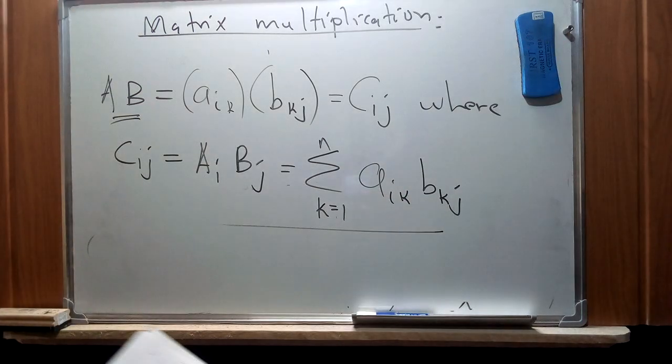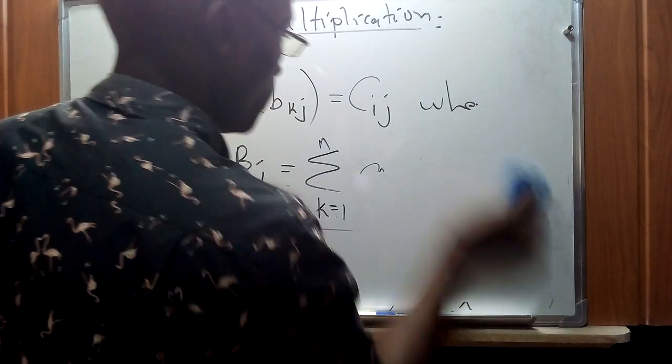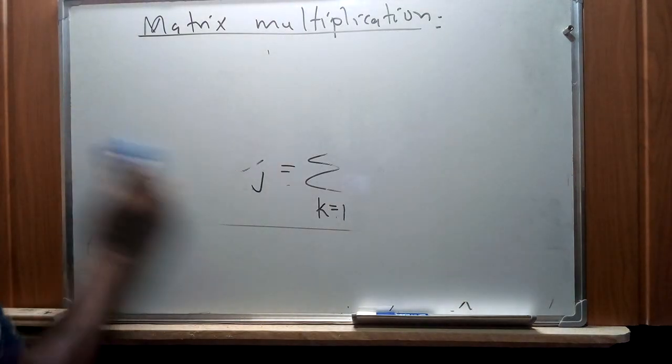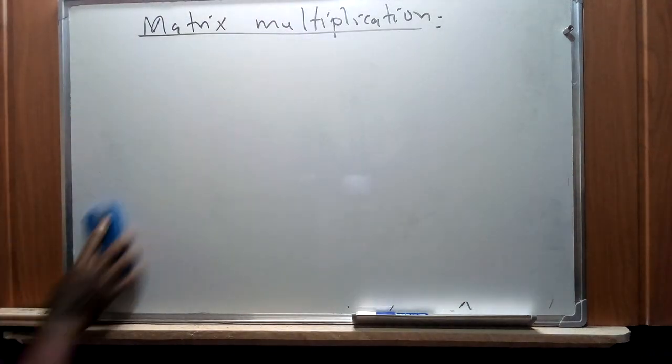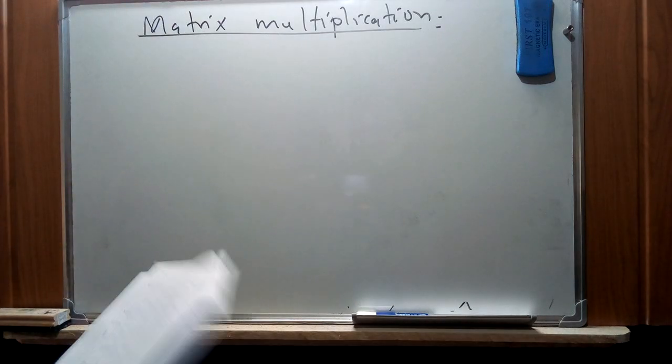We are going to give an example to illustrate how we can find the product of two matrices, so that it leads us to the general equation that we have given.